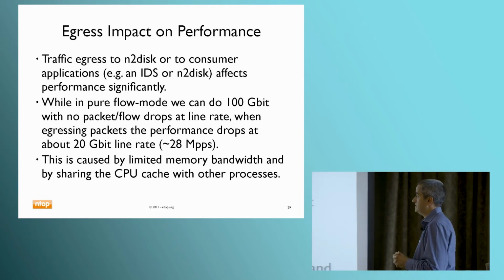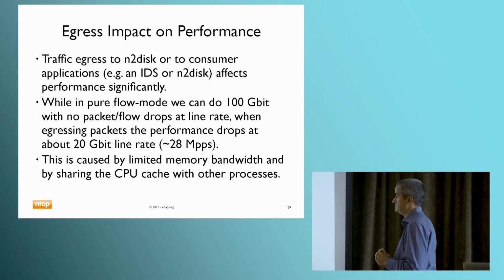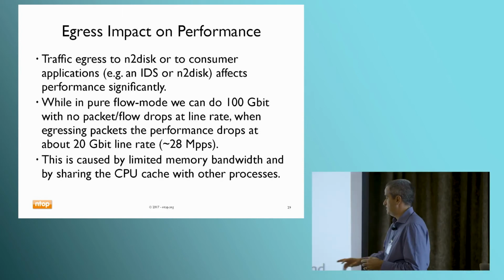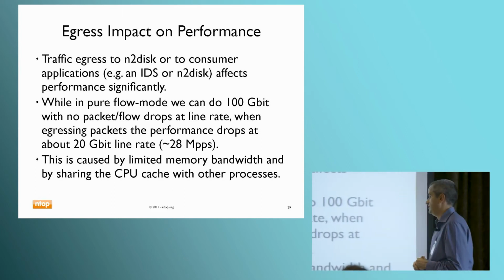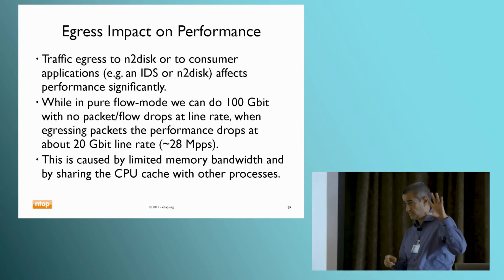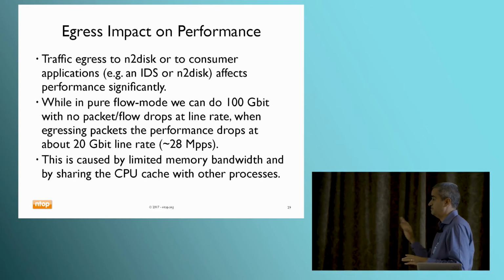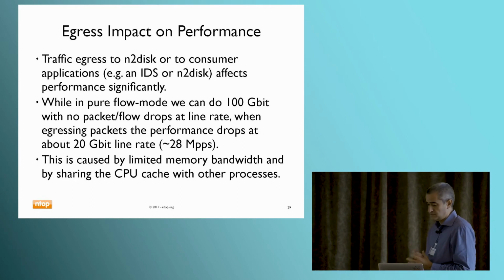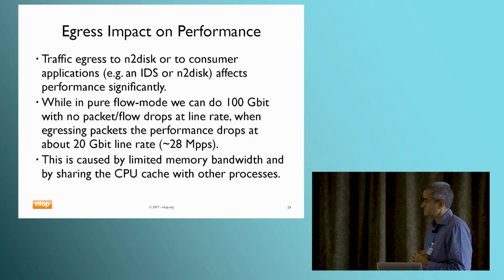So we have made some tests, and we have seen that the main problem here is the memory bandwidth. So the hardware, the FPGA per se, is able to do many things, but then if we have to monitor flows and send packets to an egress, then honestly, we cannot go above 20 gigabit line rate. So 100 gigabit is analyzed, and 20 gigabit can be saved to disk at the same time because of the memory bandwidth limitation.